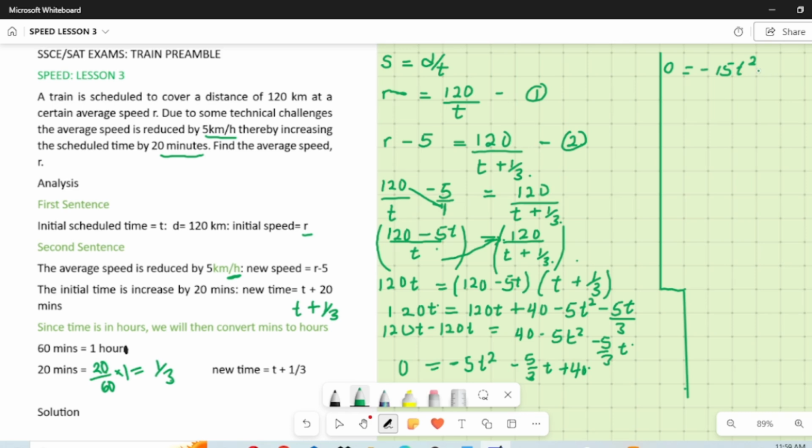No, sorry, let's do the multiplication again. We are multiplying through by 3. Minus 5 by 3 is minus 15, so this is minus 15t squared.